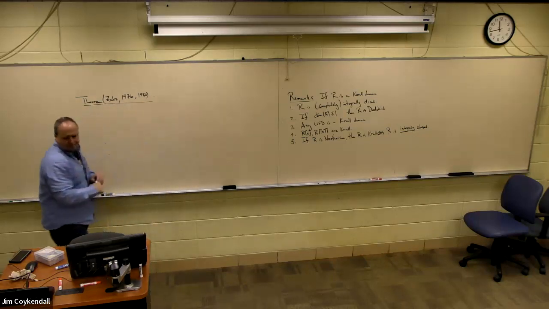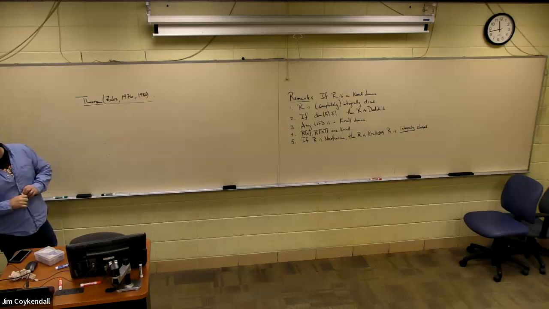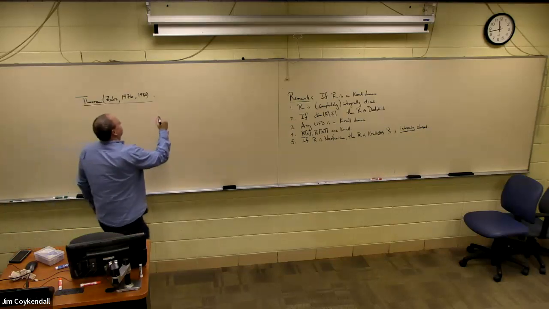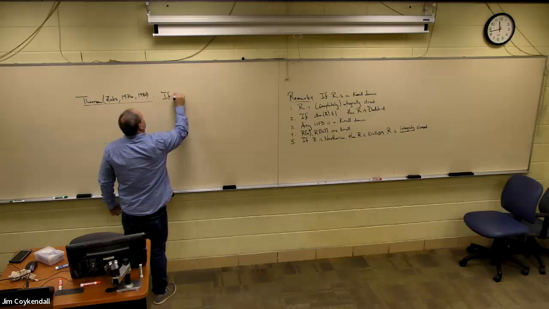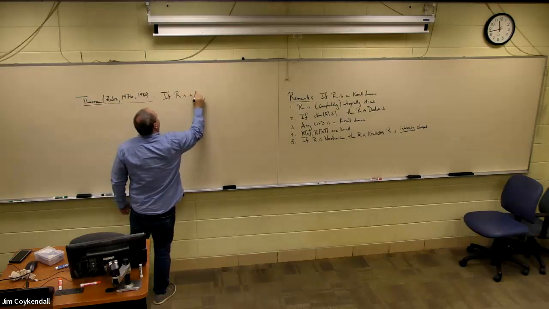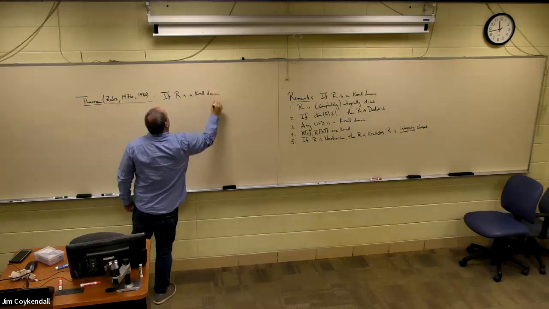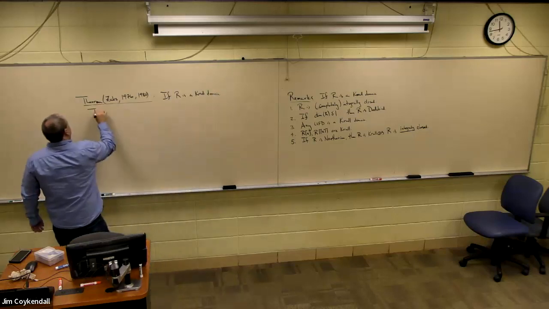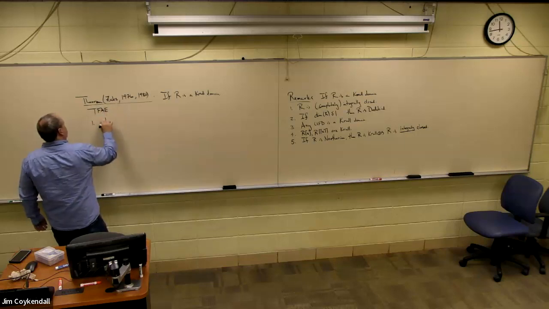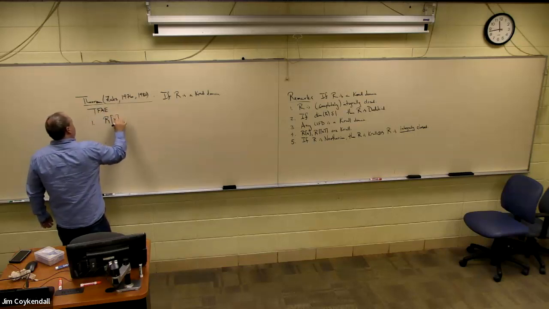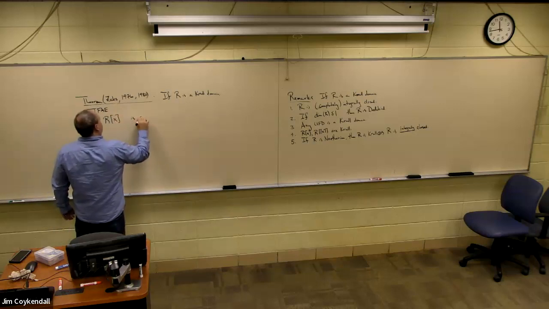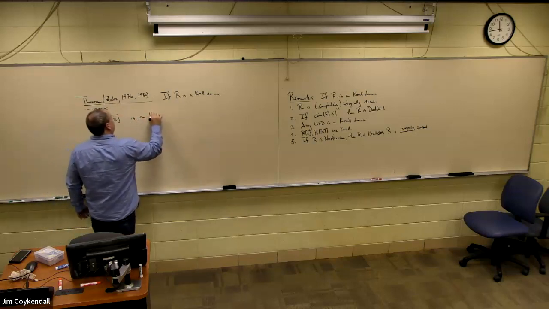Well, one of the theorems Zaks proves in this paper is the following. Let's suppose that R is a Krull domain. The following conditions are equivalent. Number one, R[x] is an HFD.